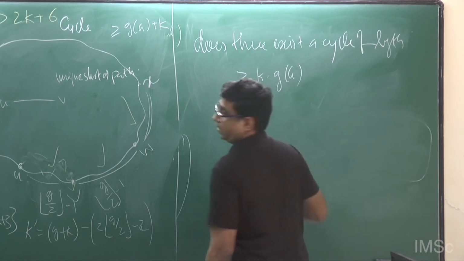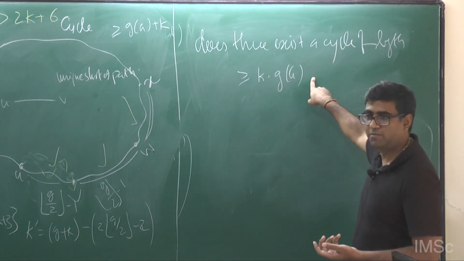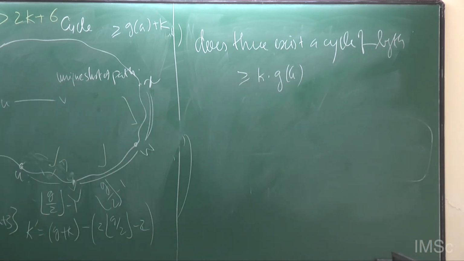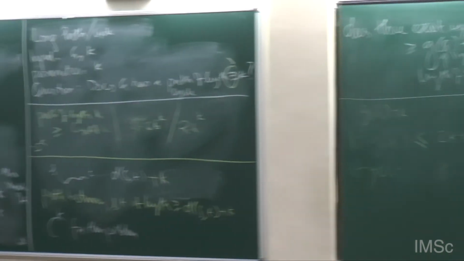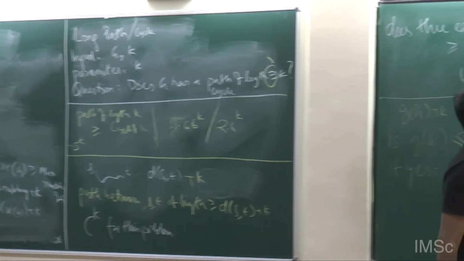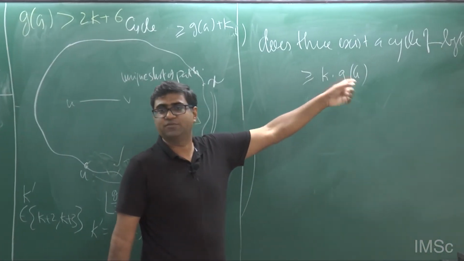Up until now, we have always been talking about parameterizations which were additive. And this is why the title of the paper mentions a multiplicative guarantee. So now I have reached the question I am interested in: does there exist a cycle of length at least k times the girth of the graph?